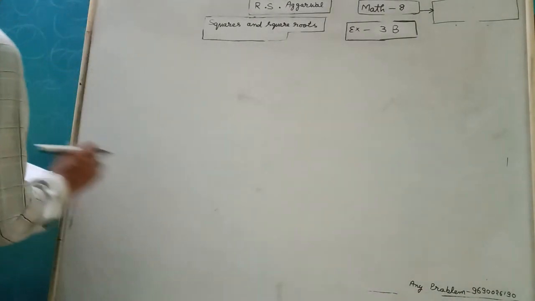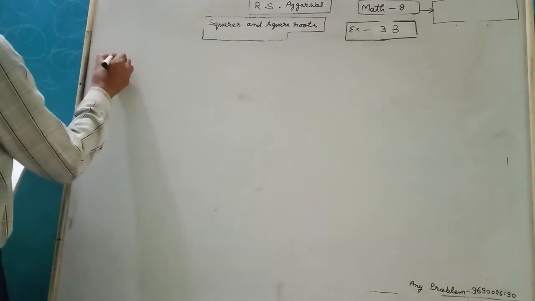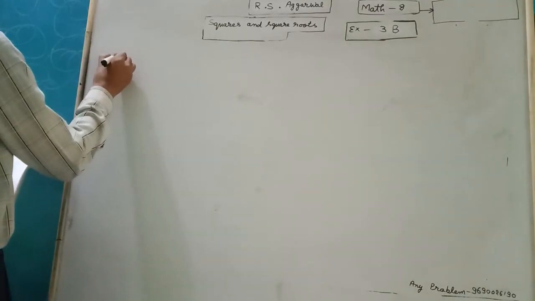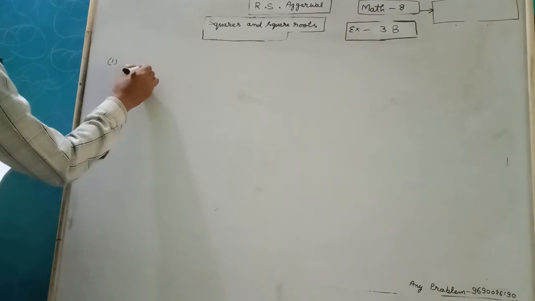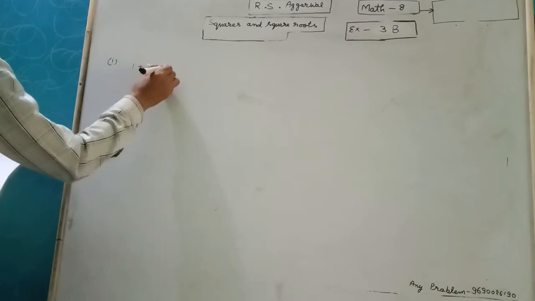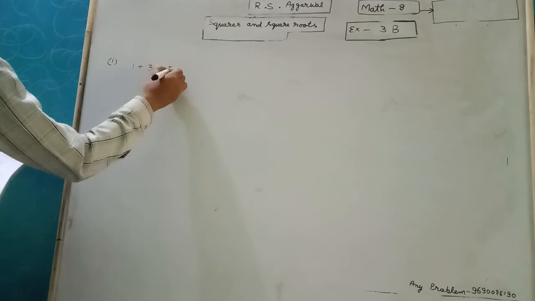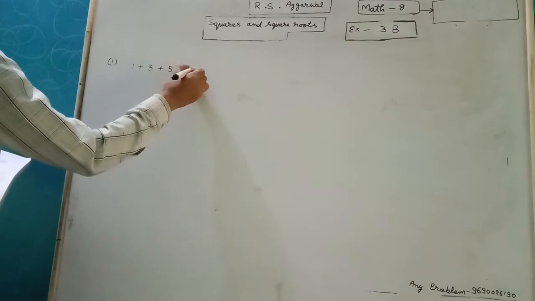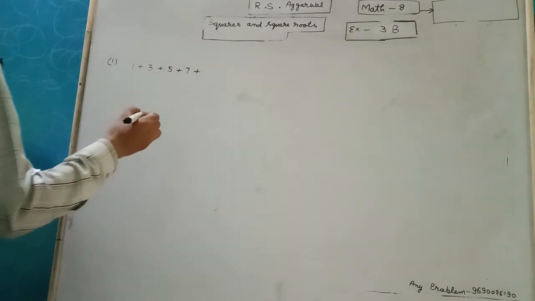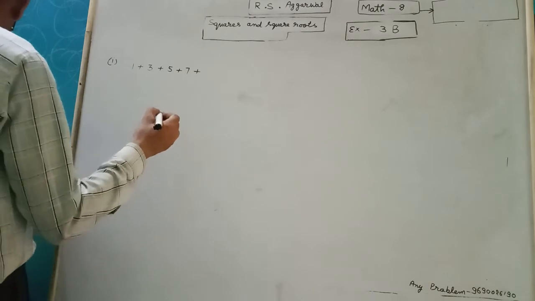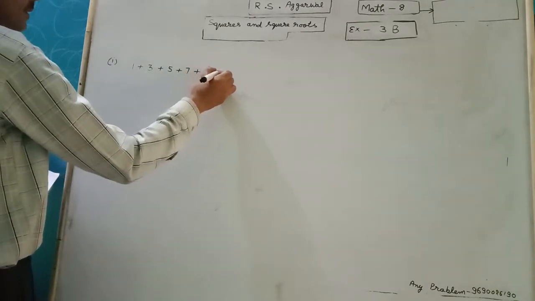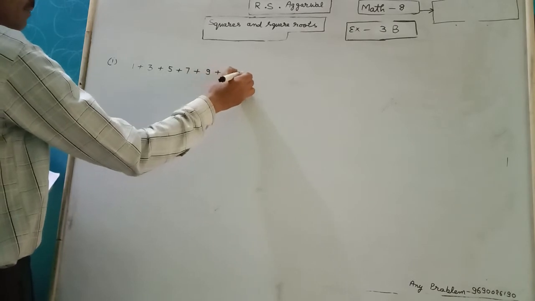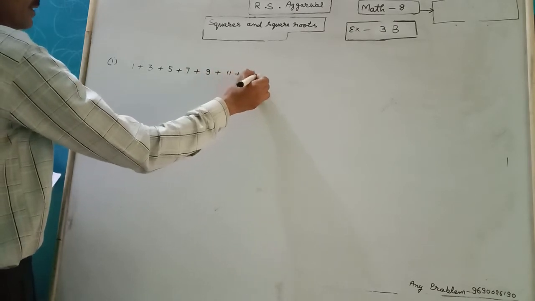Question 4 is without adding the find the sum. First part, 1 plus 3 plus 5 plus 7 plus 9 plus 11 plus 13.